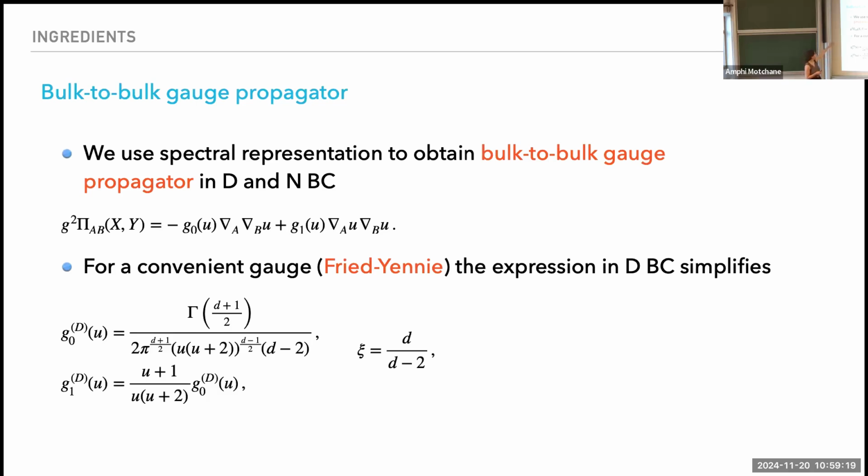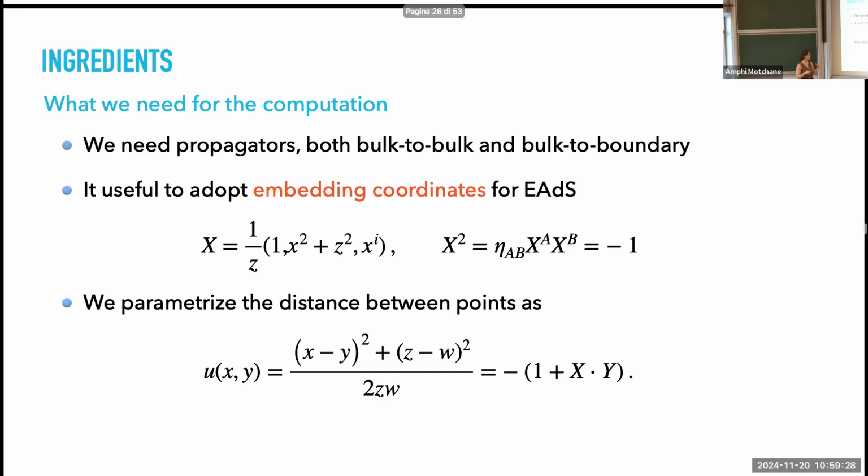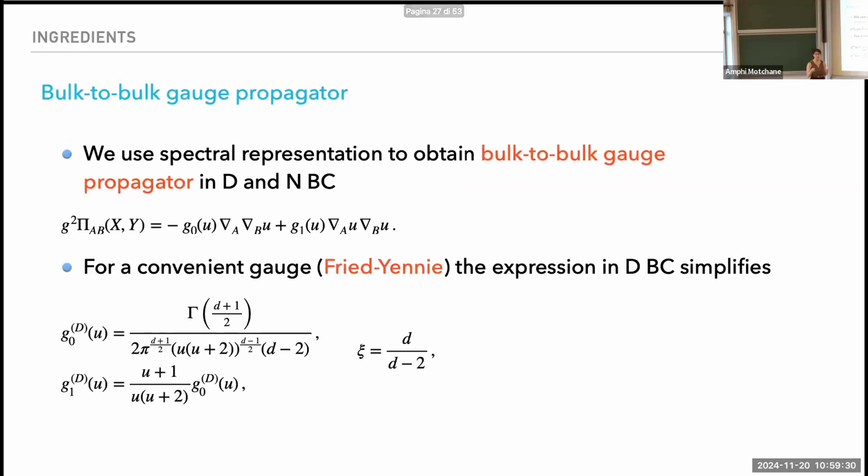As you can see, the expression for the AdS bulk-to-bulk gauge propagator in a generic gauge is very complicated. It's a very long expression of hypergeometrics. Here, instead, it's simply a rational function of the chordal distance.